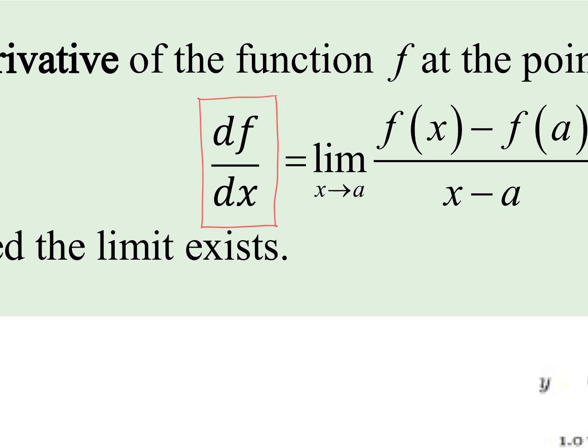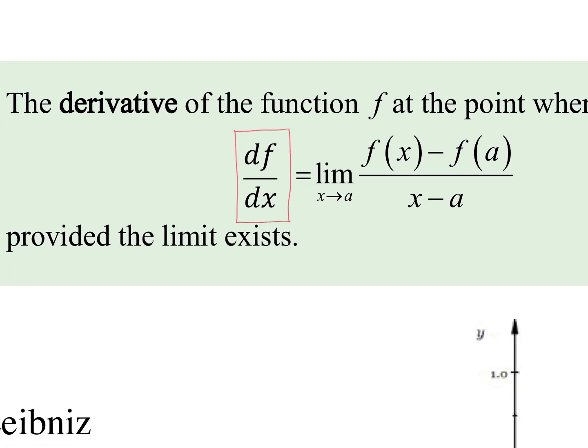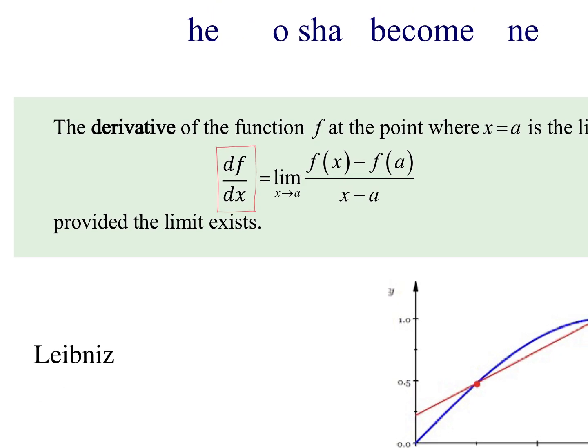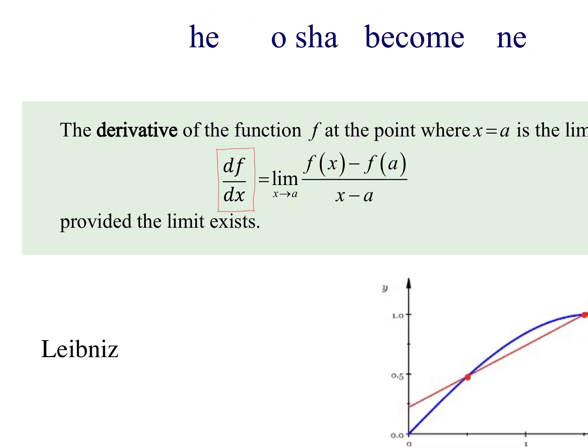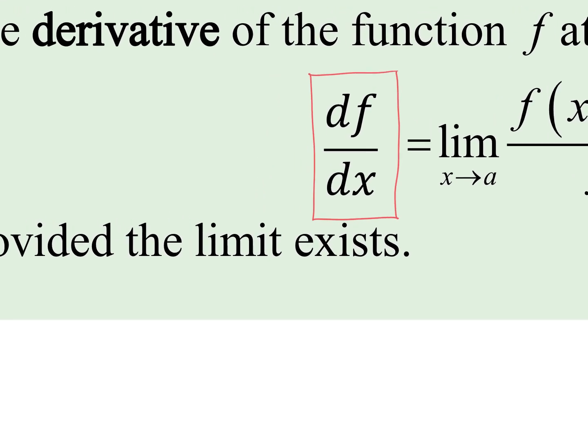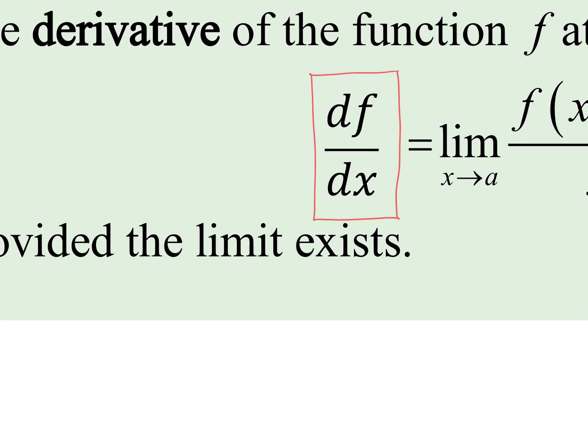That is the derivative of the function f with respect to the variable x. So if I want to change any of the variables, if I have not the x-axis, but say I have a time axis, it would be df dt. That would be the derivative of the function f with respect to the variable t, or time.